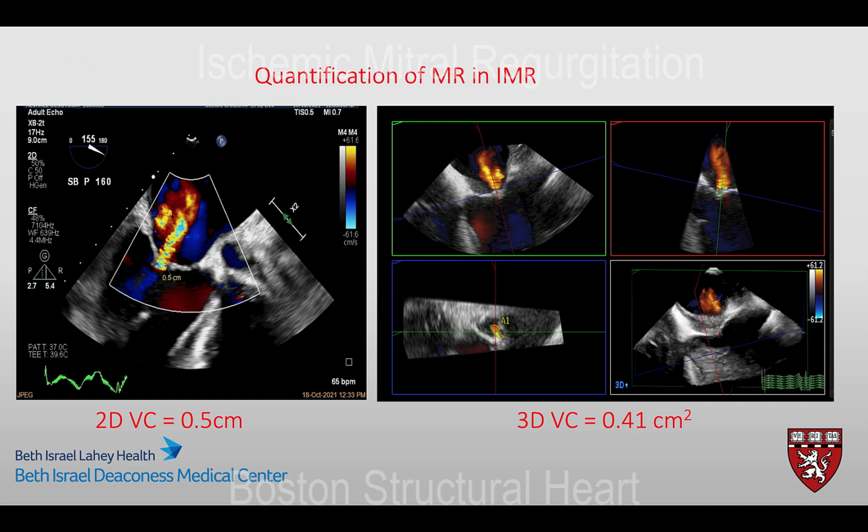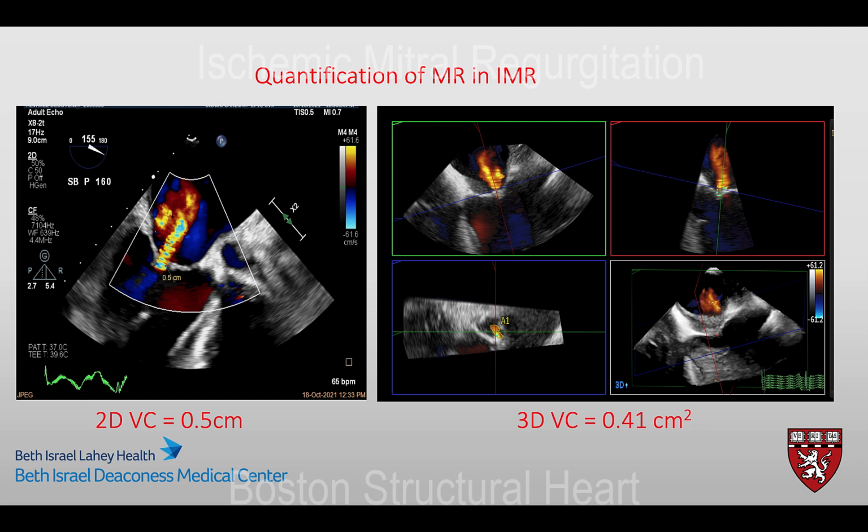Consequently, using the vena contracta in patients such as this will often underestimate the degree of mitral regurgitation, as we can see in our case, where we measured the 2D vena contracta to be 0.5 centimeters, which would put this patient in the moderate range of mitral regurgitation. In cases like this, where there are some discrepancies between measurements, we will routinely move on to more accurate measurements, such as using 3D vena contracta.